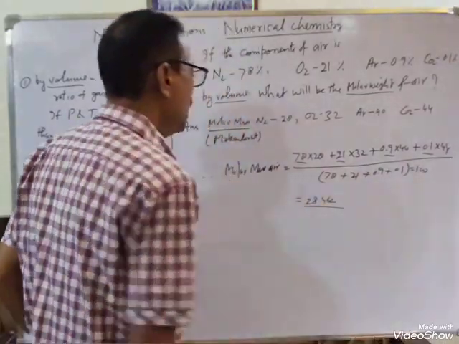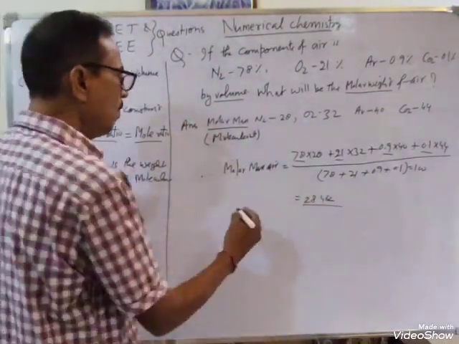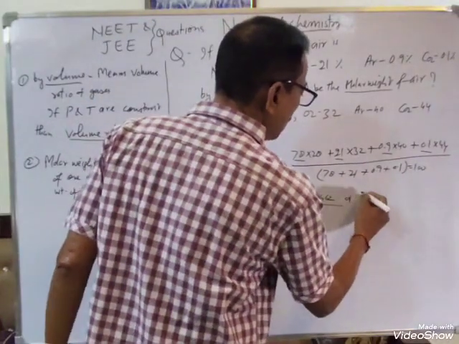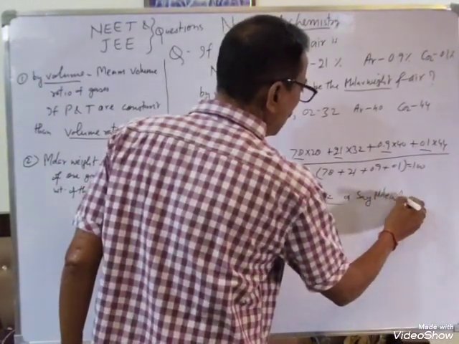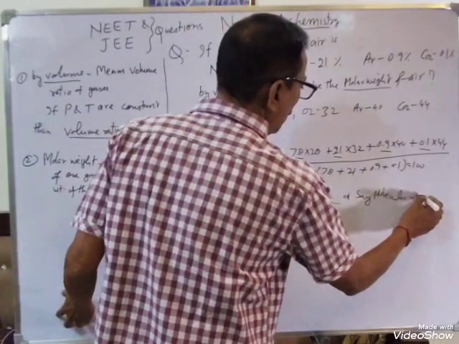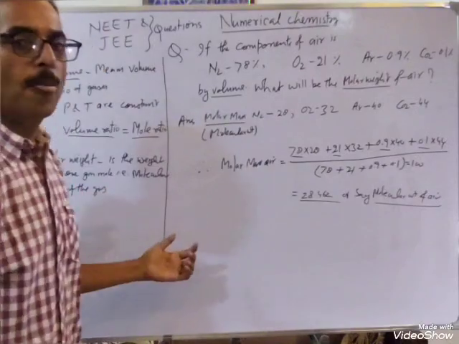So if you simplify it, it will be 28.462. That is the molecular mass of air, or you can say the molecular weight of air. So it is very simple.